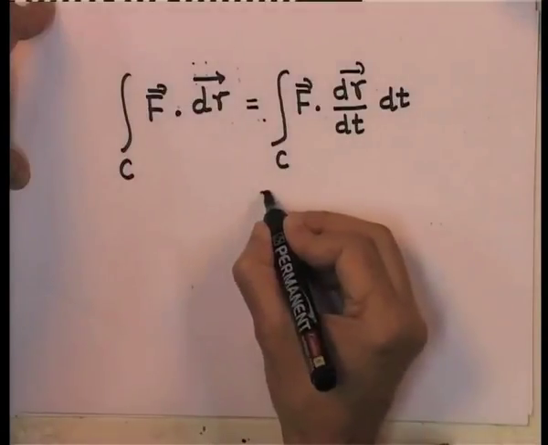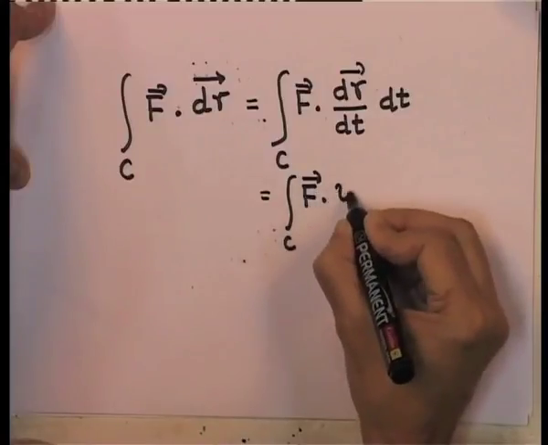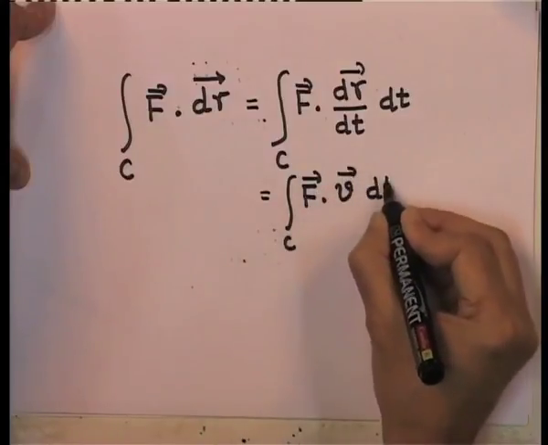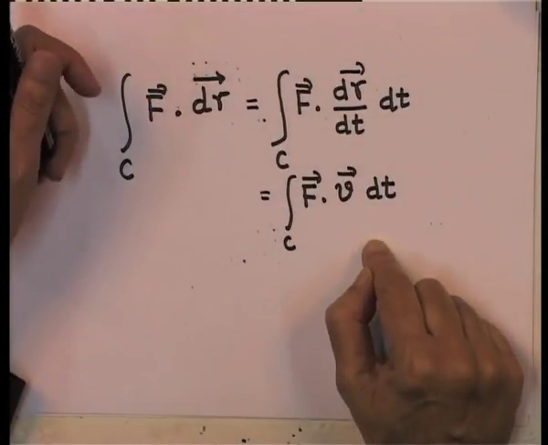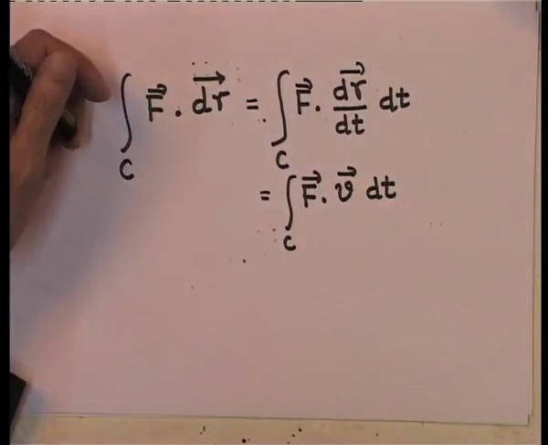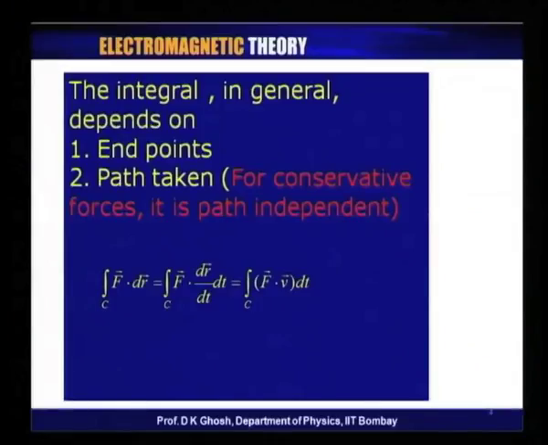You notice that this is nothing but the dot product of force with the velocity, and I take a time integral. So, in other words, what I have done is to parameterize that with time. Now, along a curve, I always have a single parameter, and this is what we are going to exploit in computing the work, or in general an integral like f dot dl along a given path.